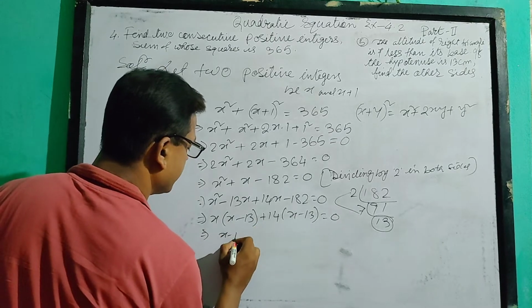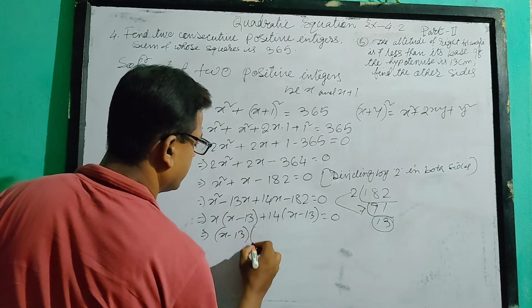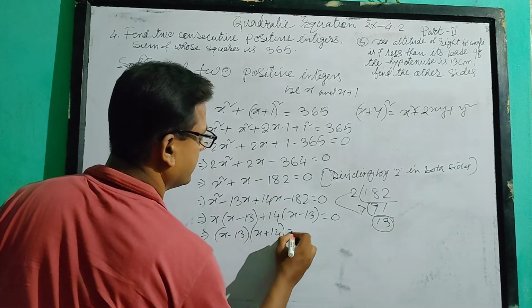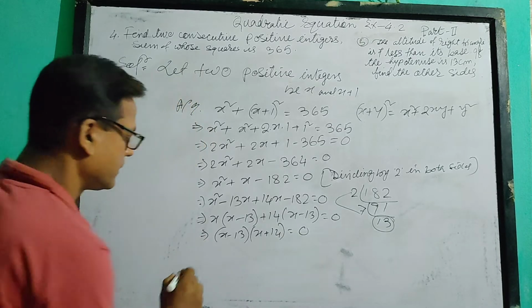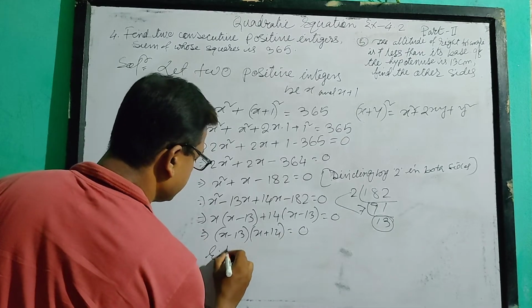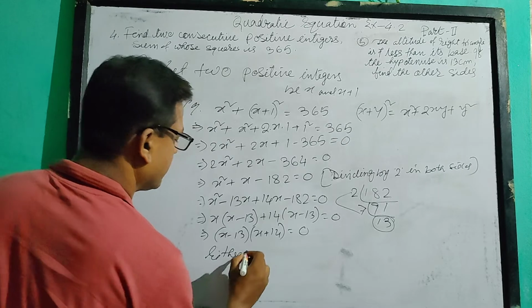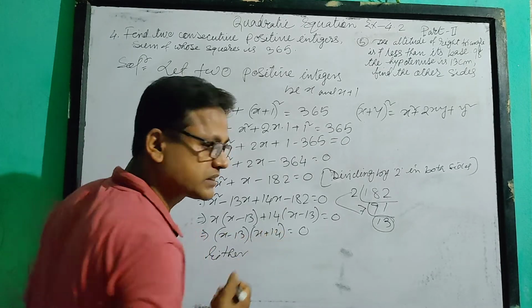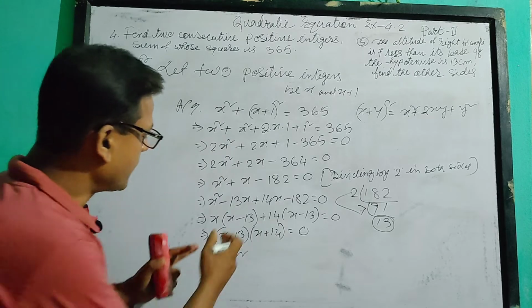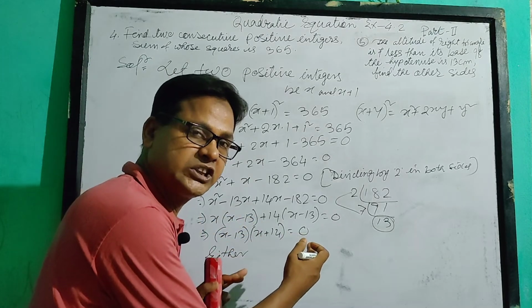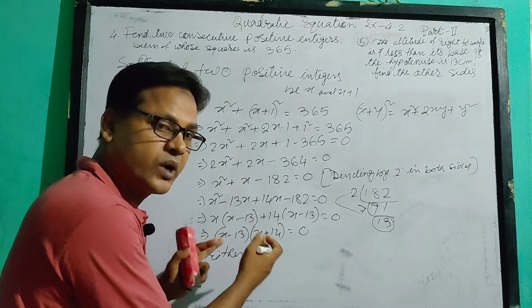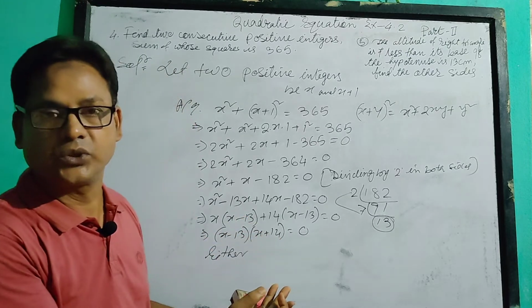So x minus 13 and x plus 14 is equal to 0. Therefore, either x minus 13 is one term and x plus 14 is one term, and the product of two terms is 0, which means one term is 0 or both terms are 0.